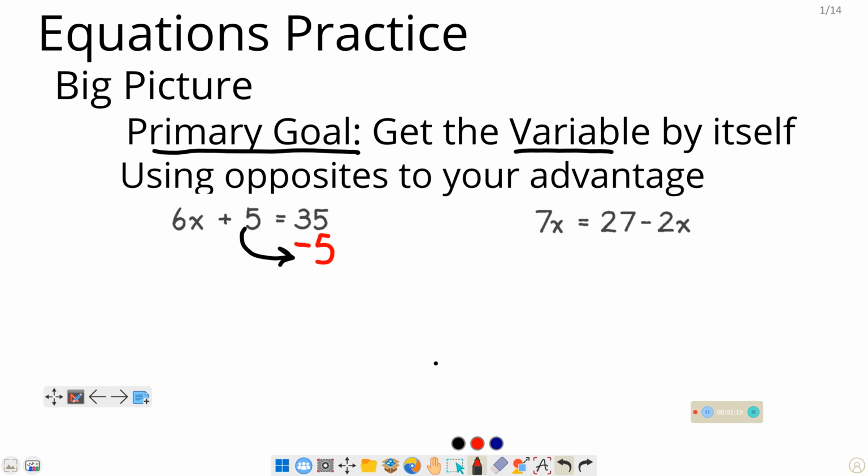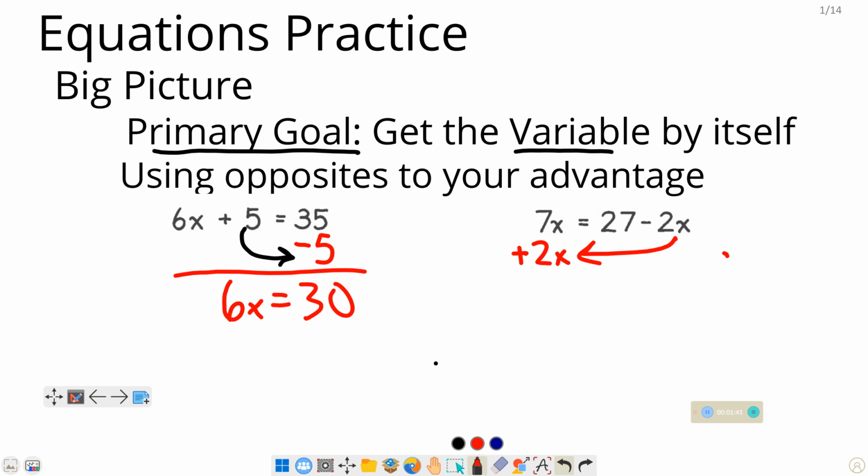Notice that is a side-side flip. And that opposite allows us to get the variable by itself. If you have a negative, well, you would side-side flip that to the other side, and instead of being a negative 2x, it's going to be a positive 2x. This is how we use opposites to our advantage.